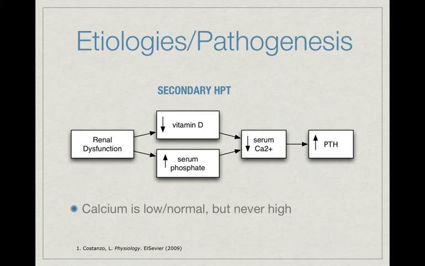Also, we get an increase in serum phosphate because phosphate excretion in the kidney is impaired, and so we have increased levels of phosphate in the blood, which binds up serum calcium and decreases the ionized fraction, which is the one we care about. Both of these things then lead to decreased serum calcium, which is then the stimulus for increased PTH, and that's how we would get hyperparathyroidism there.